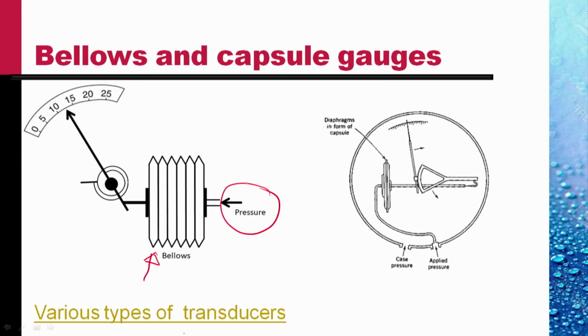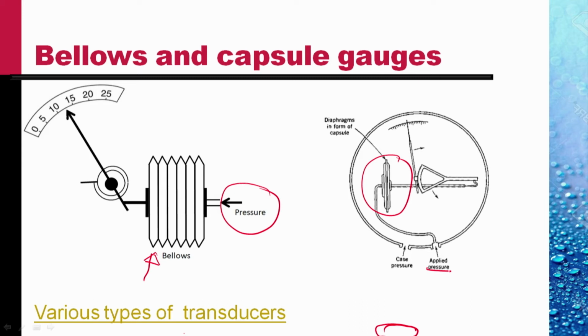Similarly, we have a metal capsule here, or a diaphragm in the form of a capsule. There is a case pressure, the atmospheric pressure in most cases, which is applied here, and then the pressure that we want to measure is applied there.